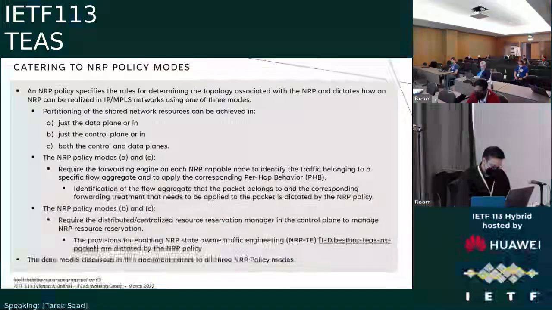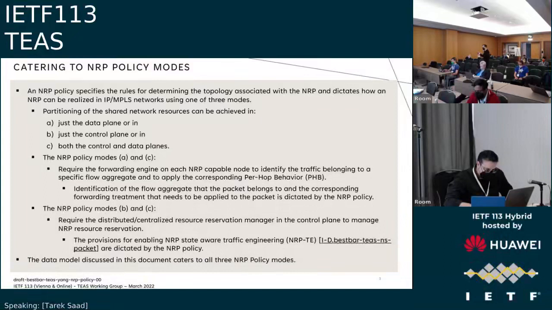So what's in the NRP policy? The NRP policy tries to model a number of modes for creating network resource partitions. One mode is partitioning the network in the control plane only, and the data plane is agnostic of the partitioning. Then we have a mode where we partition the resources in the data plane. And then the last mode is when we partition resources in both the control plane as well as the data plane.